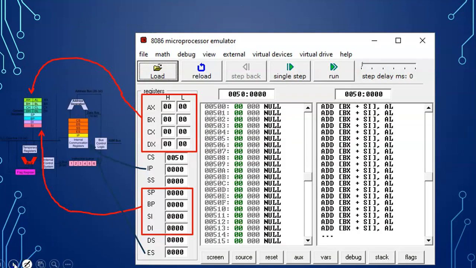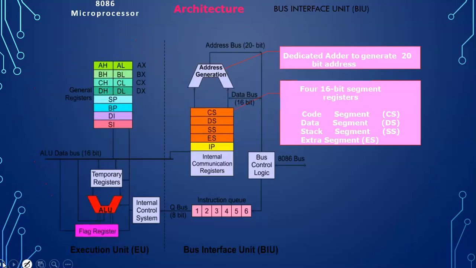Okay, as I told you, our registers are 16-bit while our address is 20 bits. Okay, these registers and also these registers are in this category, and these registers in this category, for the BIU and EU.